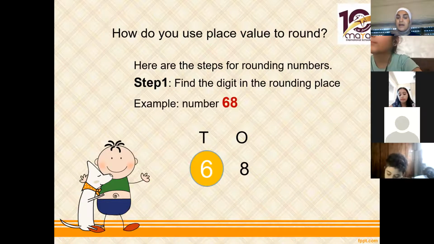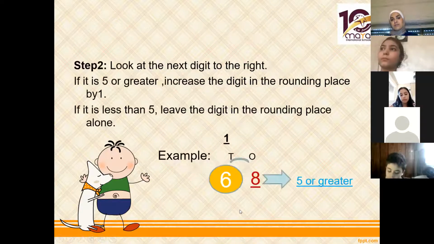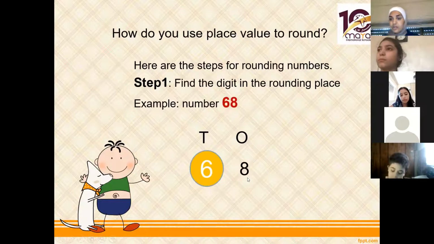So imagine we have in the ones 5, 6, 7, 8, or 9. What do we choose? The bigger 10. We choose the bigger 10, which is 70. Always when you have a number to round, like here you have 68.